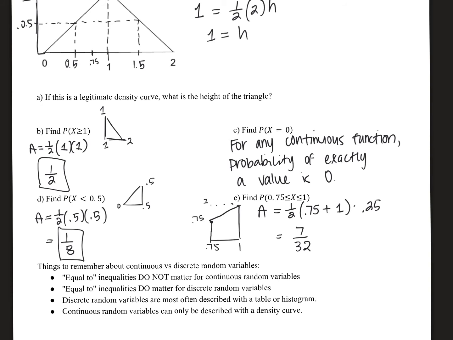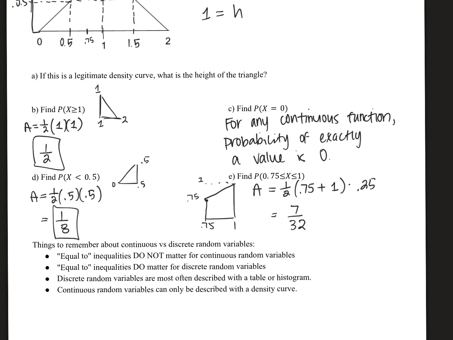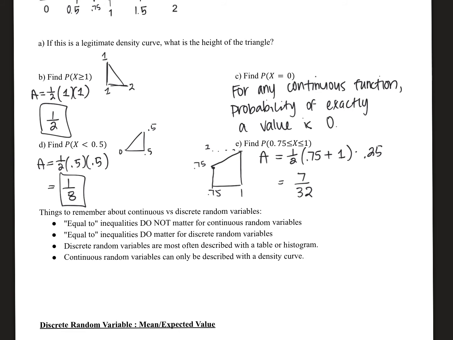Not likely to give you a lot of problems like that last one. Most of the other problems are going to be similar to B, C, or D. So when it comes to discrete and continuous random variables, equal to does not matter for continuous. If it says greater than or equal to, it doesn't matter.